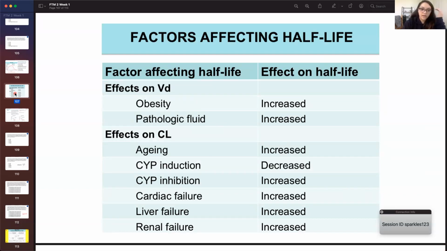And then for the VD, if it's an obese patient or one with pathologic fluid, you want to keep that in mind for your loading dose, because VD is one of the variables in loading dose. Does that make sense? Yeah. Thank you. No problem. So it's just based on this table. Again, understand this table, but you just want to understand the trends of it.